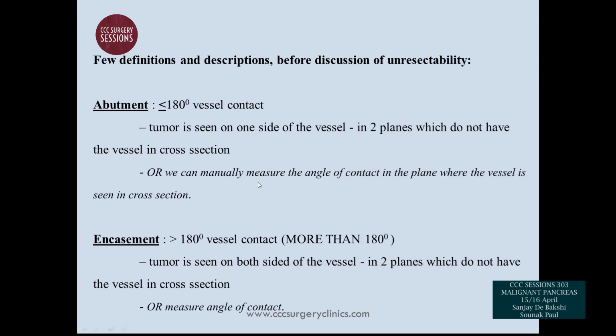We can either go into the plane in which the vessel is seen in cross section and manually measure the angle to define whether it abuts or encases, or we can take an easier route: if we don't see the vessel in actual cross section, we look for tumor tissue on either side of the vessel. If it is only on one side of the vessel, it is an abutment. If it is on either side of the vessel, then it is usually an encasement.